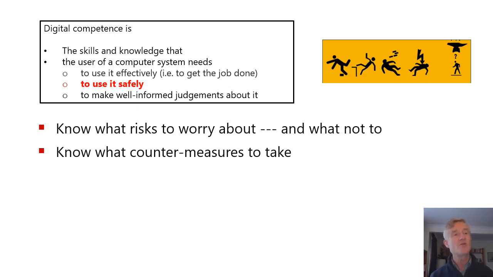And often they don't need to worry about that. They're needlessly anxious. So knowing what risks to worry about and what not to is important, and also knowing what countermeasures to take. That is, what measures you take to stay safe online, so that you can be reasonably confident that you are. So again, you don't have that underlying gut feeling of insecurity, thinking at any moment that bad things might happen to you.